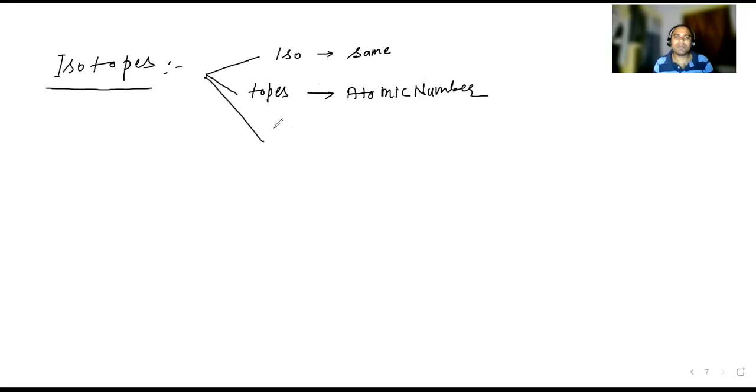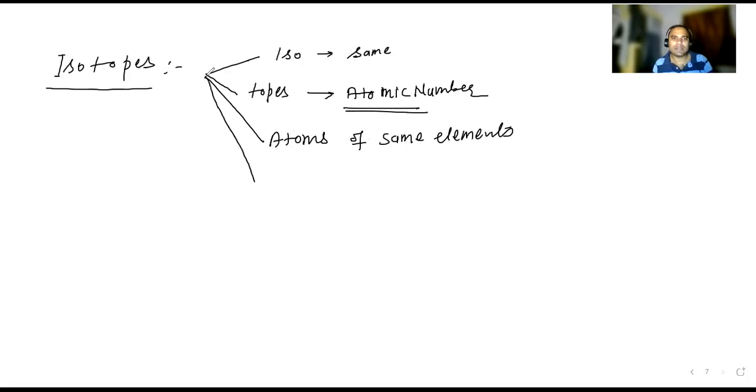Atoms of the same element. Just like you say, carbon has many isotopes. Same element means same atomic number.